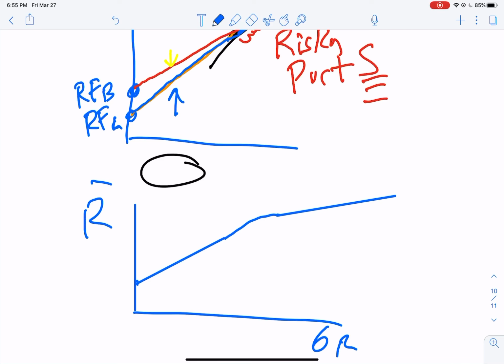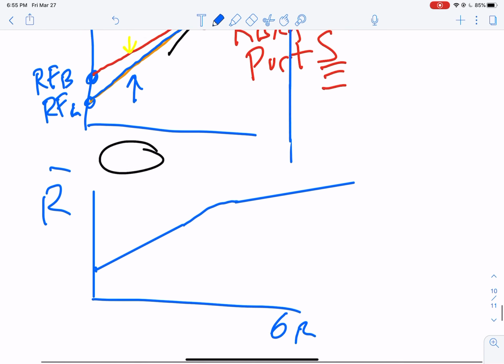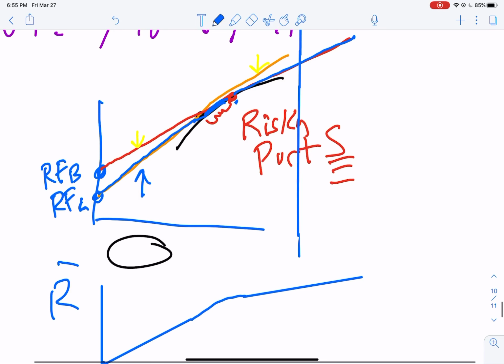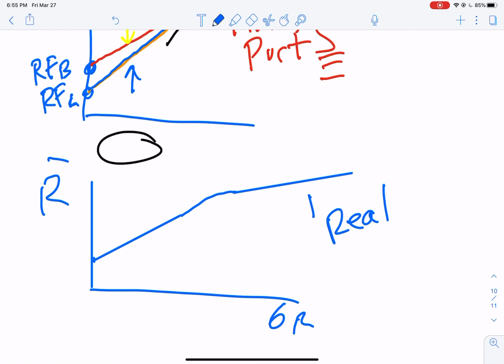And then this line becomes the real, I'll put it in quotes, or the true efficient set.